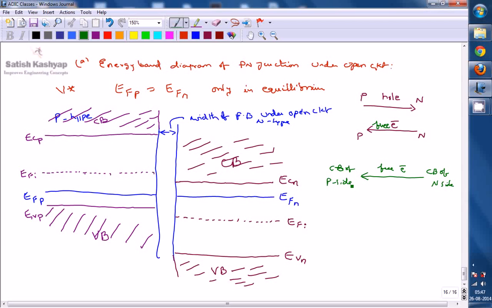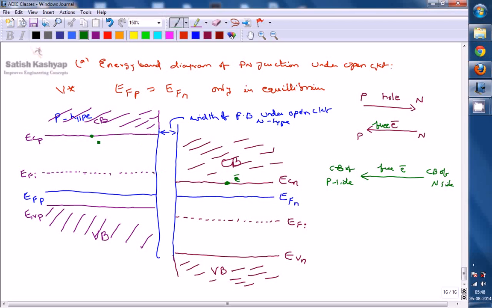This is the meaning. If an electron is moving from N to P, it means a free electron, which is only present in the conduction band, is moving from the conduction band of N type to the conduction band of P type. A free electron can stay in the conduction band, at most in the lowest energy level. If the electron from the conduction band of the N side has to move towards the P side, it should stay within the conduction band of the P side only. The lowest energy level it can stay is this one.